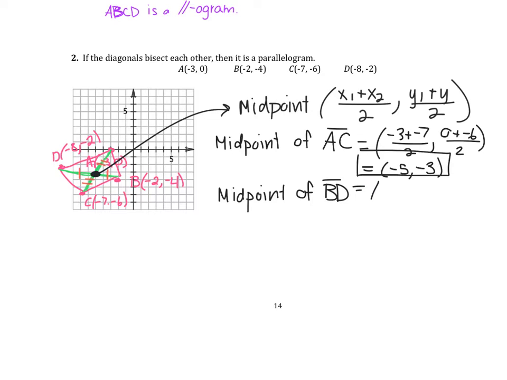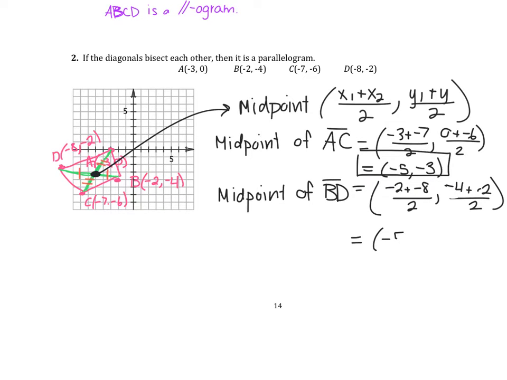Now I'm going to do the same thing for BD. -2 plus -8 divided by 2, and -6 plus -2 divided by 2. Just kidding. Hold on. That should not be a -6, that should be -4. So let me erase that. Sorry about that. -4.